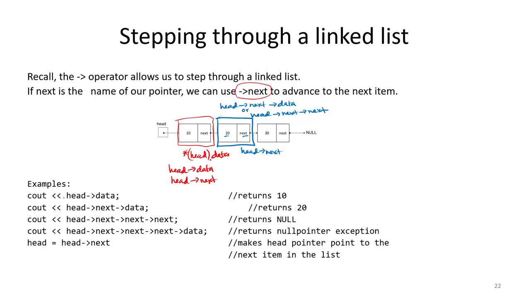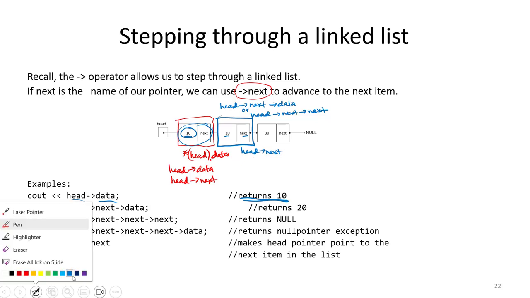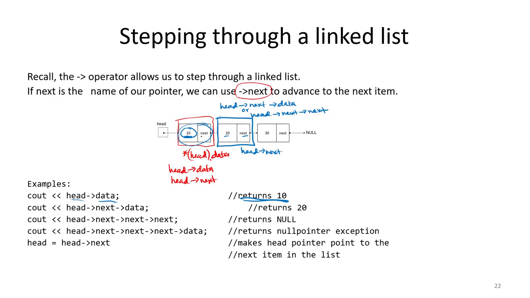So for example, if we look in these cout statements, head arrow data would return the value 10 because the pointer head is pointing at the node, which is our first node, and the first node's data value contains 10. Similarly, head arrow next arrow data would go where head arrow next points and return 20 because head arrow next points to the second node, which contains the data value 20.